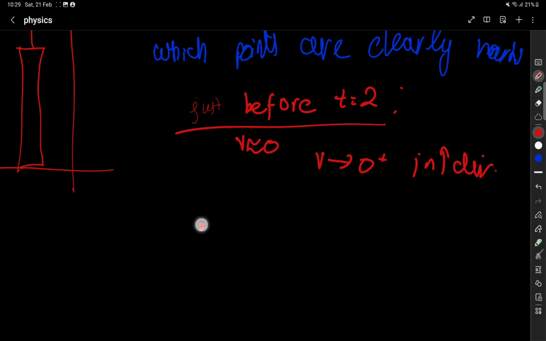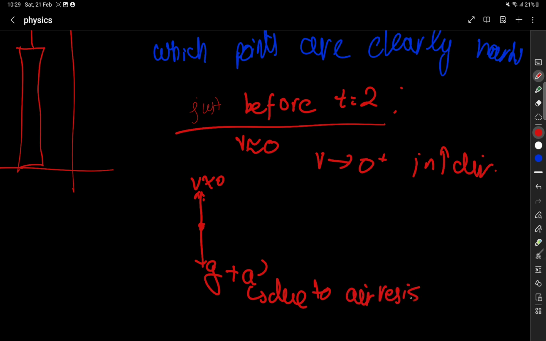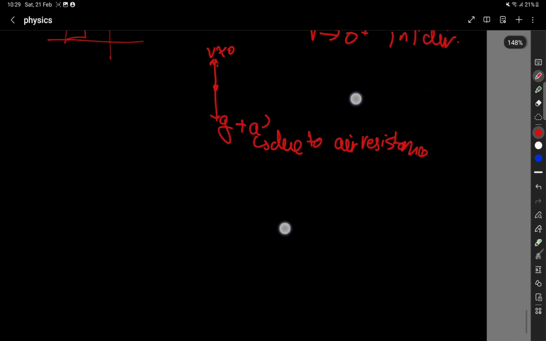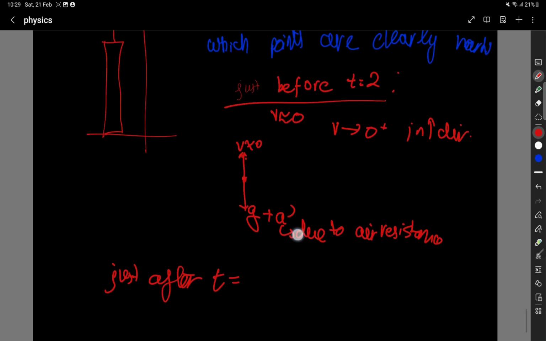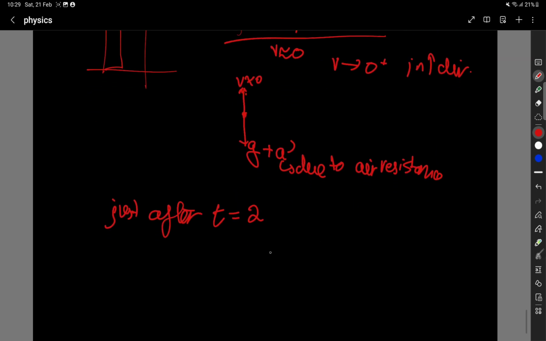So here what happens is, we take v close to 0, acceleration is acceleration due to gravity plus a dash due to air resistance. Just after t equal to 2, v equals 0, and if you look at the acceleration, it is g in this direction plus a dash.